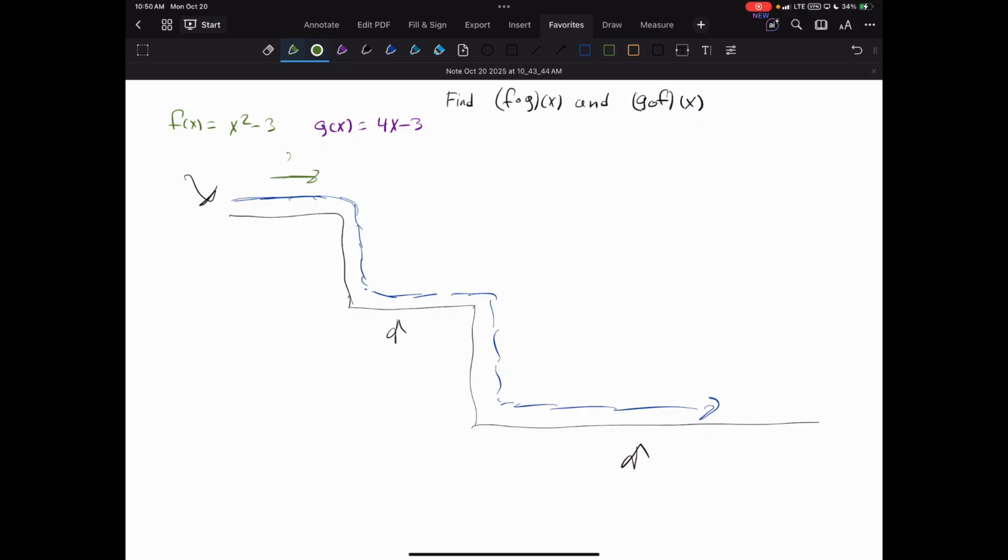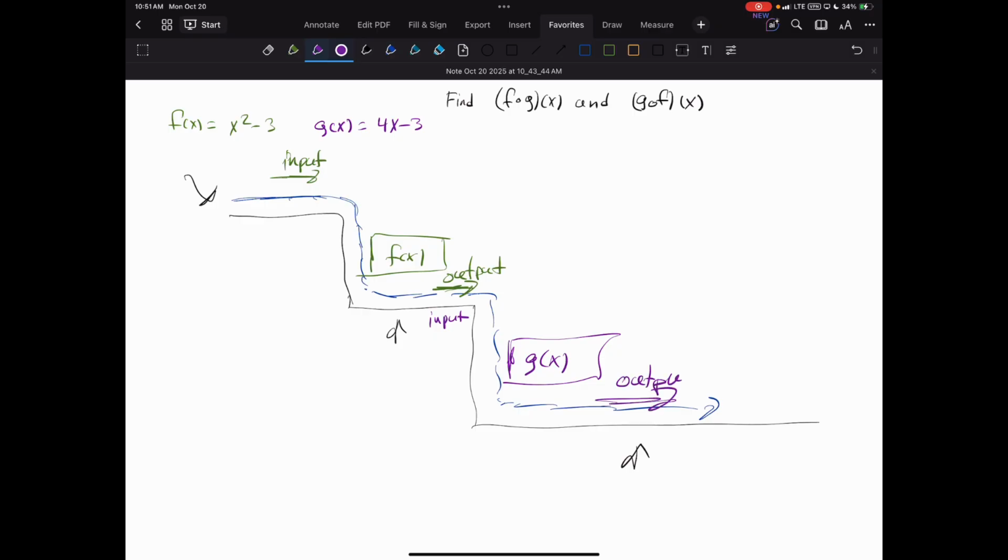I have an input to my f of x function, and then the output of my f of x function becomes the input to my g of x function, which then has a joint output, or a composed output, of the two functions.